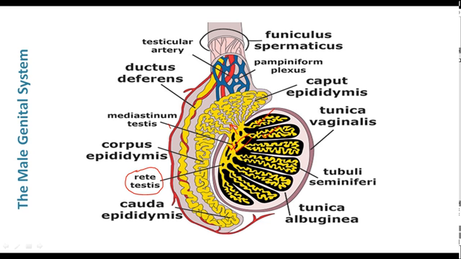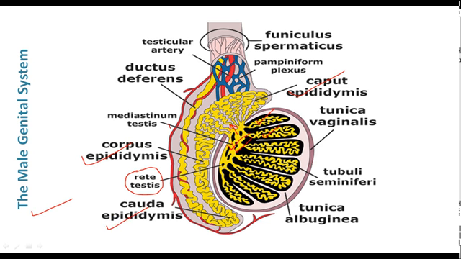In fact, the sperm duct is very long and its proximal part becomes bunched together and forms the epididymis. Its anterior part is known as caput epididymis, the middle part is corpus epididymis, and the posterior part, the tail, is cauda epididymis.